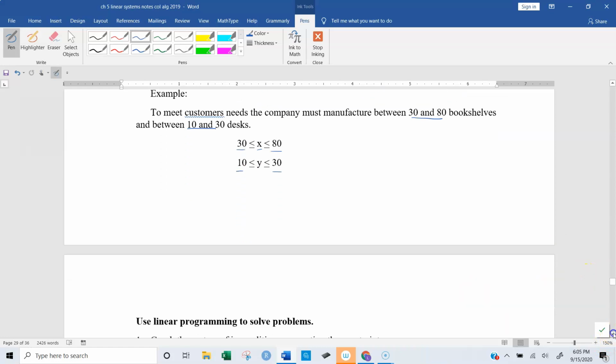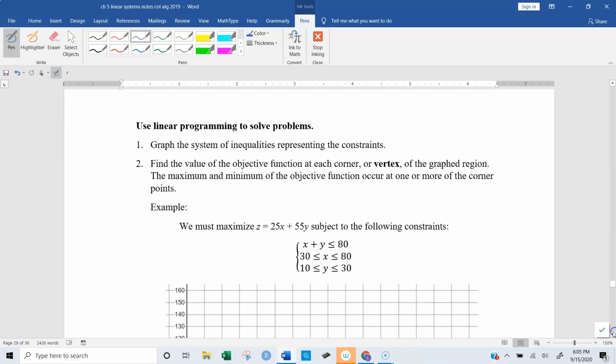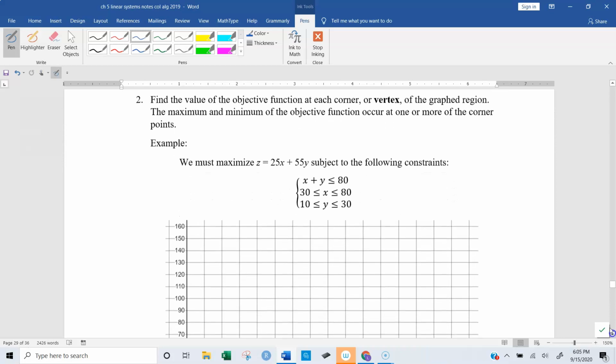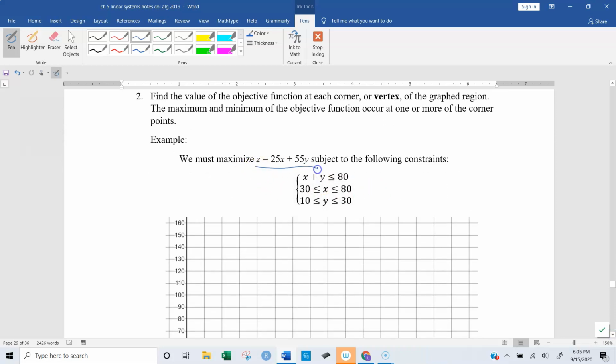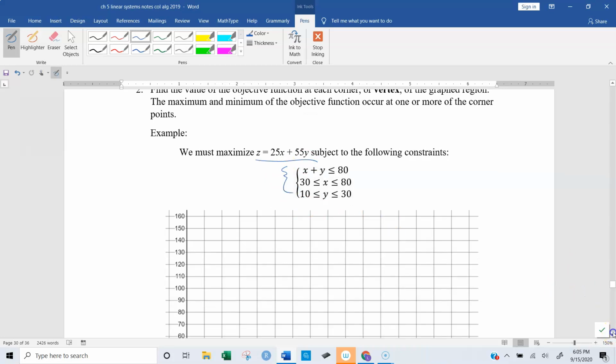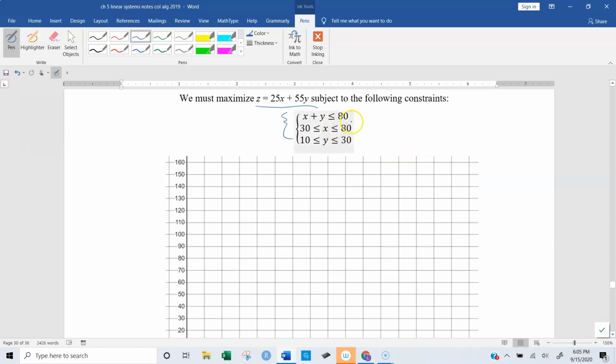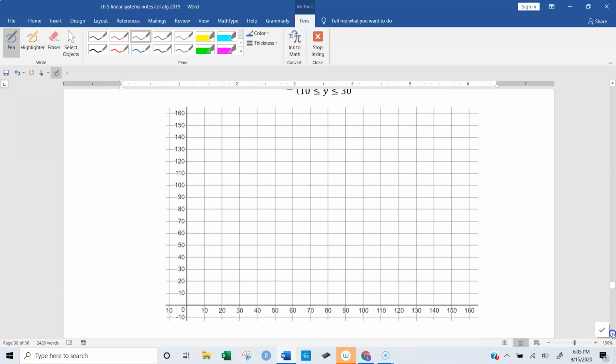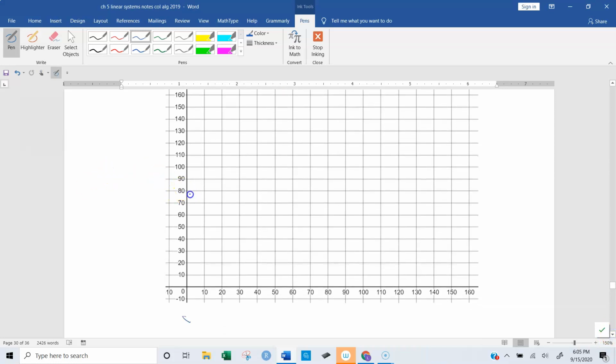Now we want to graph these. So this is what I want to maximize; I am not going to graph it. These are the lines I was given in my reading. So now we have to graph all those. X plus Y equals 80. That one's very easy with intercepts, because if X is 0, Y is 80, and if Y is 0, X is 80.